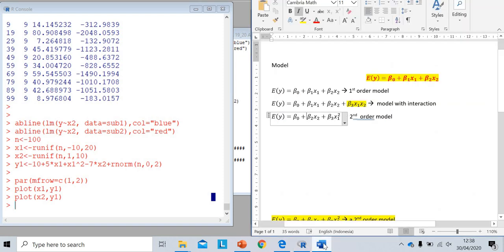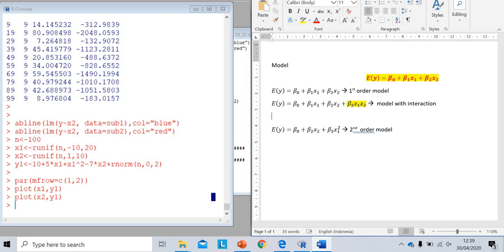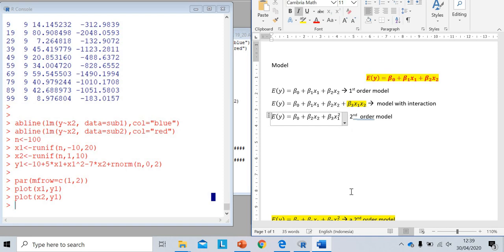The answer is no. You still need to put this beta 1 x1. You can't just put the quadratic term without the existence of the lower term.